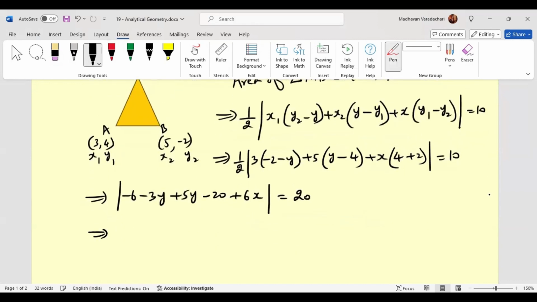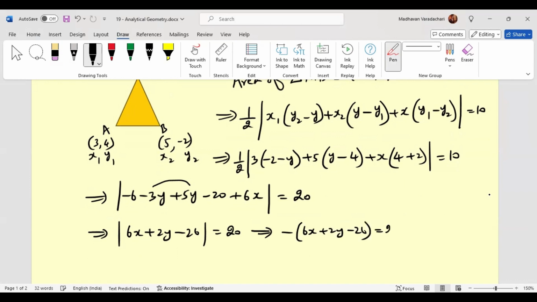So this we will simplify. If we add these two, you get 2y, means 6x plus 2y minus 26 is equal to 20. This means that minus of 6x plus 2y minus 26 is 20, or positive, means 6x plus 2y minus 26 equal to 20.